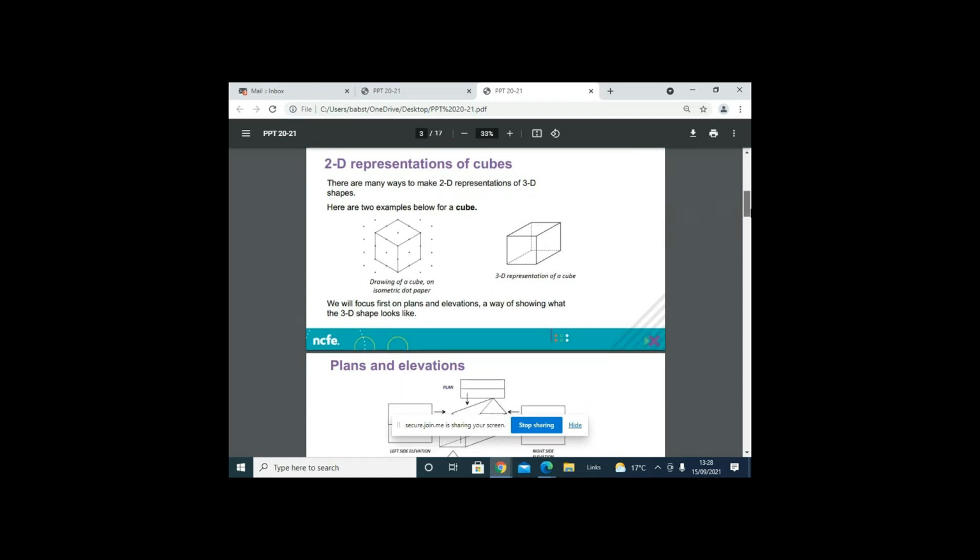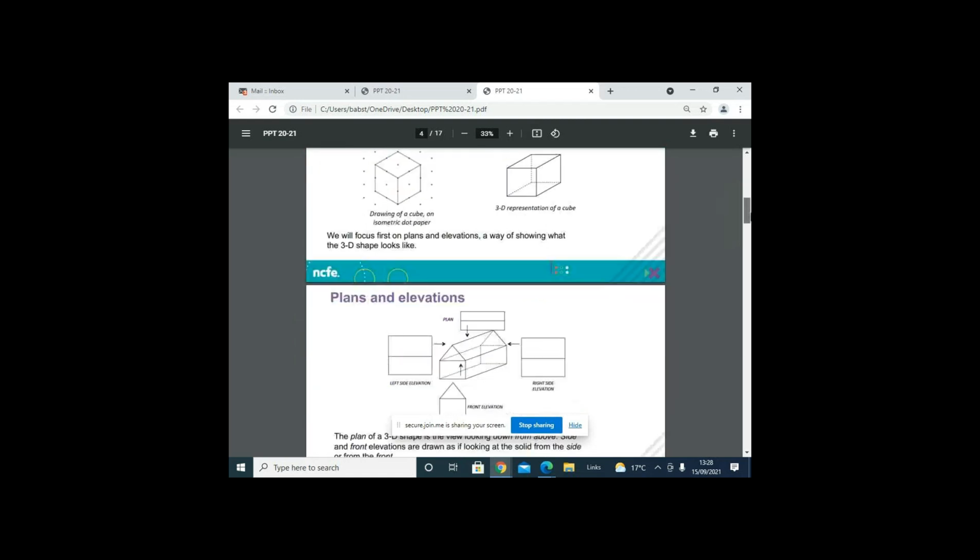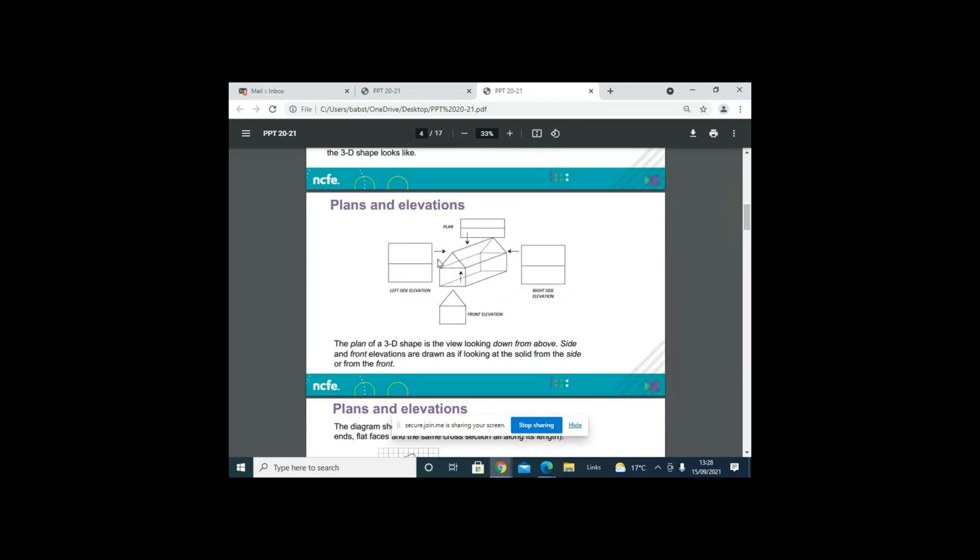The purpose of this lesson is that we want to do the 2-dimensional representations of 3D shapes. This is the first example I covered. This shape you see in the middle here is a 3D shape. If you want to find the plane, the left elevation, the right elevation, the front elevation, this is what you have to consider.